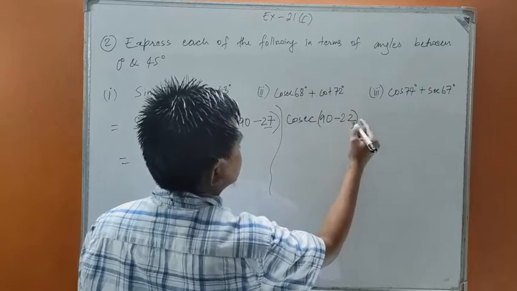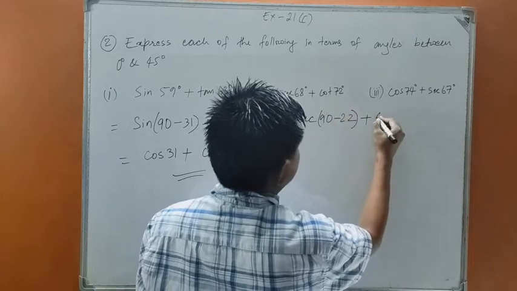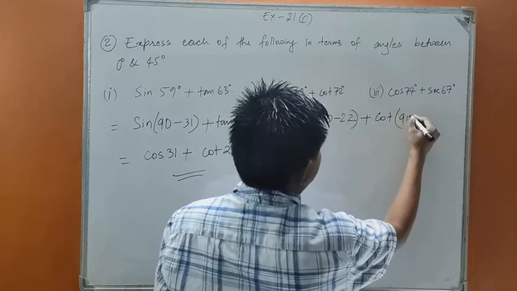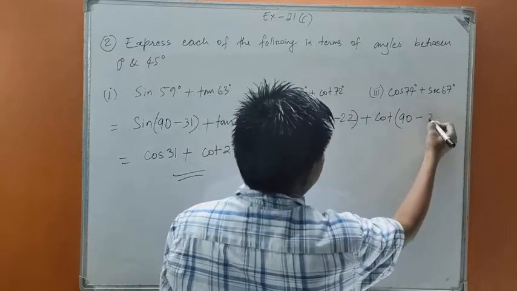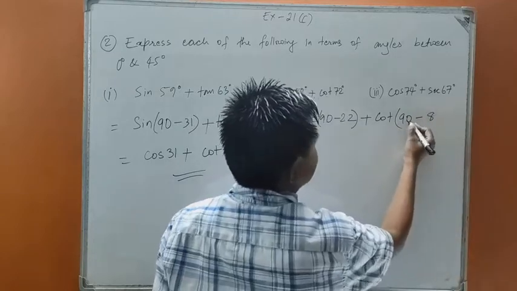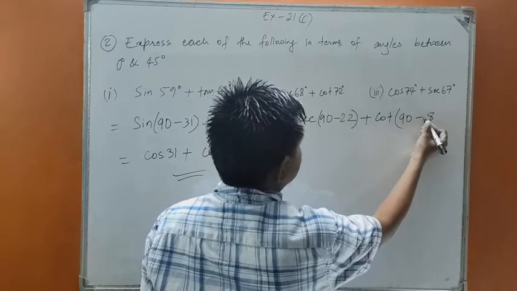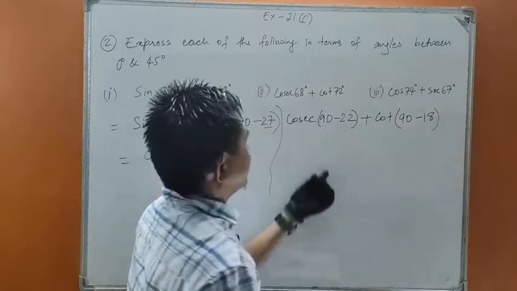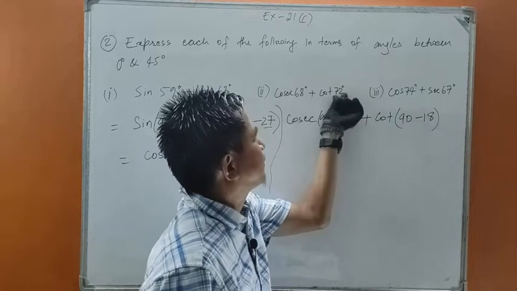So this is 22, plus cot 72. We write cot here, and 72 means 90 minus something should give 72. 10 minus 8 gives us 2, so this becomes 8, and 8 minus 1 is 7. So 90 minus 22 is 68 and 90 minus 18 is 72.